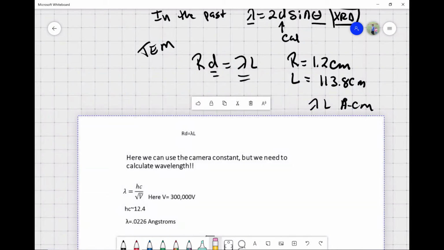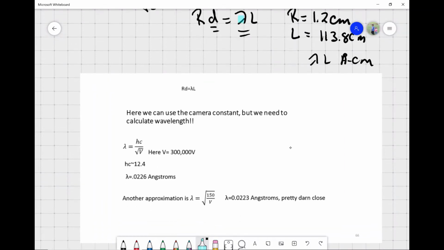We want to calculate our wavelength so we can solve for D. And there's that table in the back of the book that tells you, for given accelerating voltages, you have wavelength.